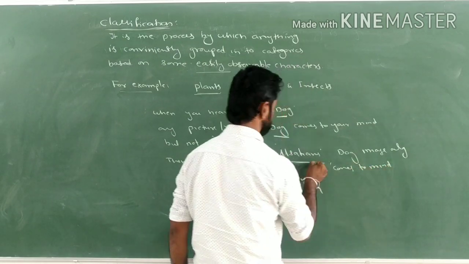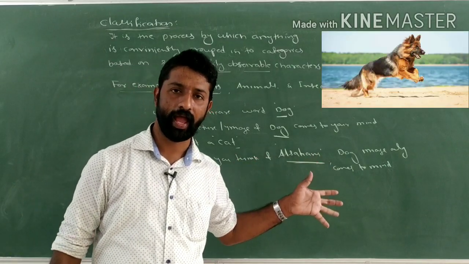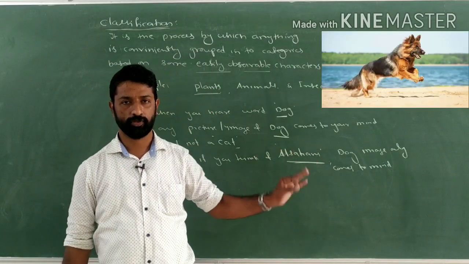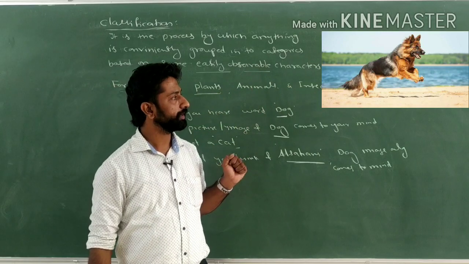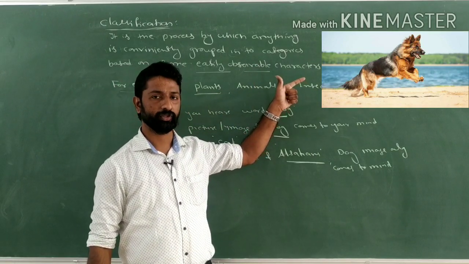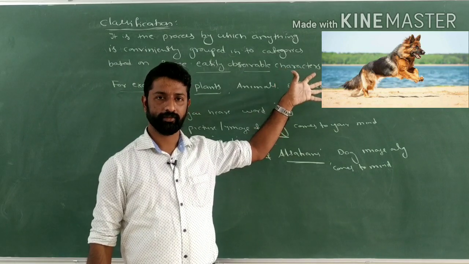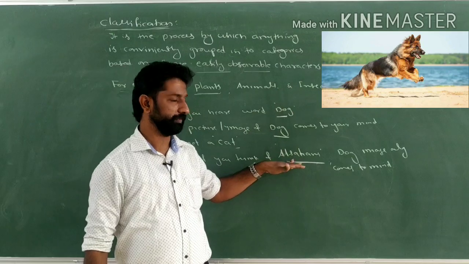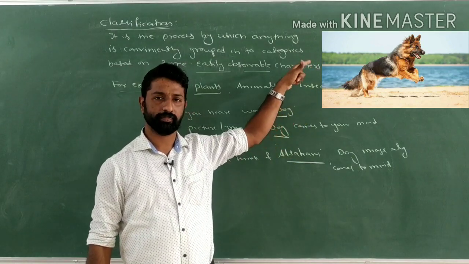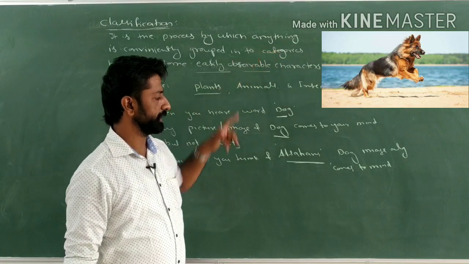Why? Because Alsatian is nothing but a dog, which is named the German Shepherd. You can see in the diagram the image of the Alsatian. The German Shepherd is also called Alsatian, based on the border where it is present. So it is always based on origin that it is named Alsatian.